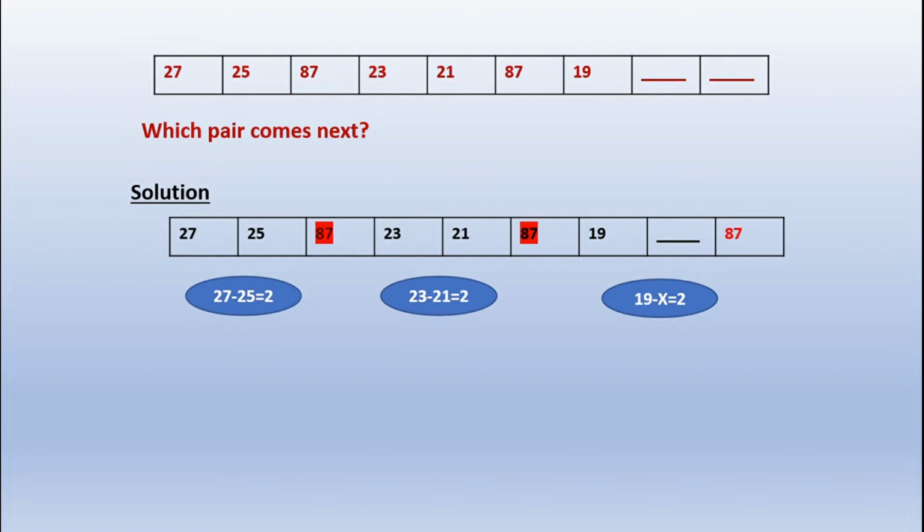So, 19 minus x equals 2, where x is the number which is matching for the blank. So, by solving this, we get x equal to 17. So, as the answer, the pair of numbers are 17 and 87.